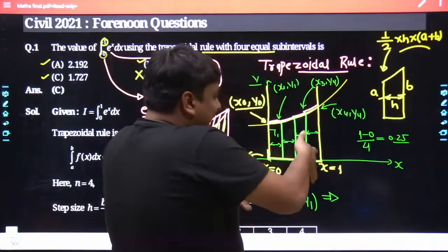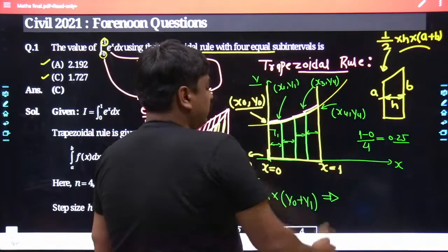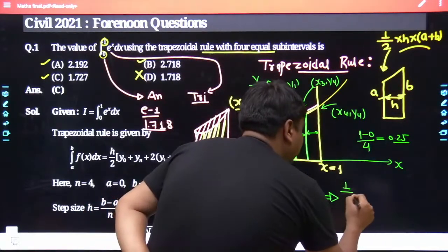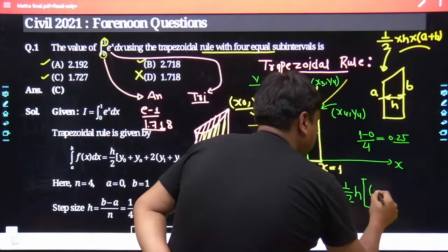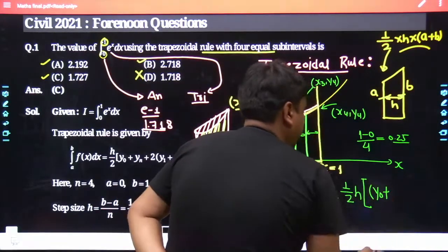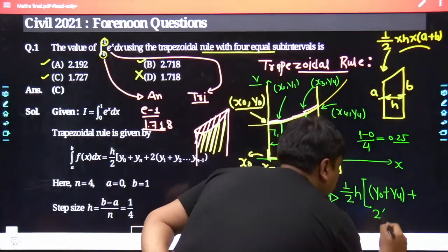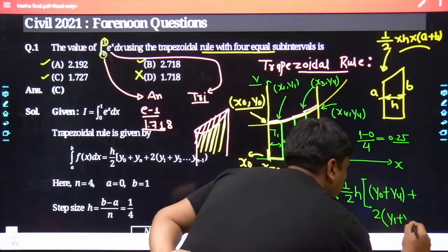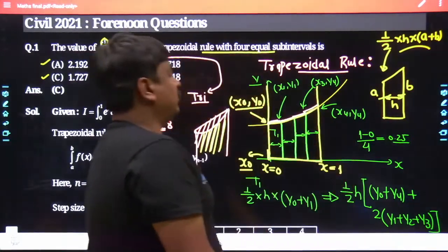So once we add all of the areas occupied by the strips, the result we get is simply half times h, the first and last magnitudes, which is y0 plus y4, plus, you will be having the repetition of the magnitudes in between, which fall from last to first.